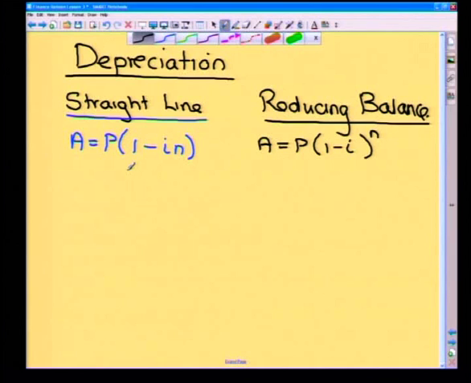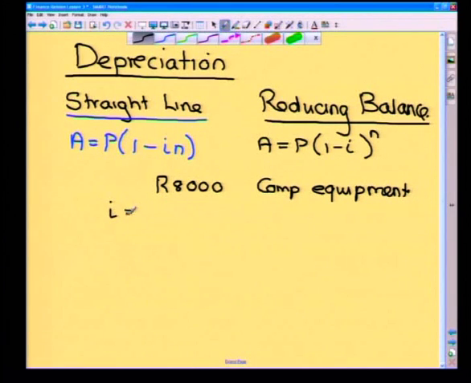So let's just take a simple example. Let's say we've got computer equipment worth 8,000 Rand. And let's say it's depreciating at, let's make it 16%.